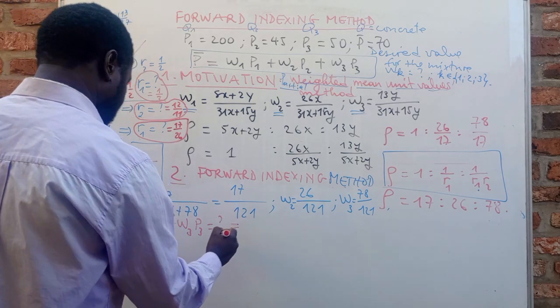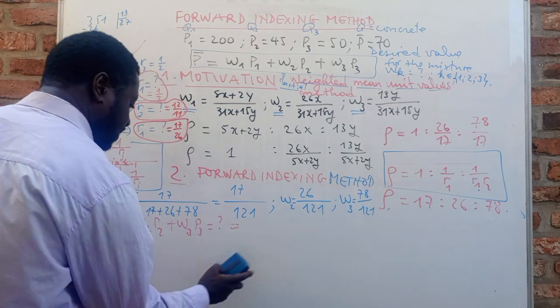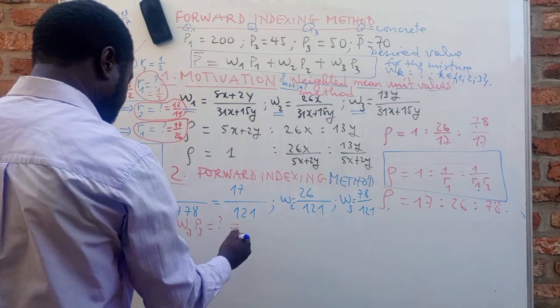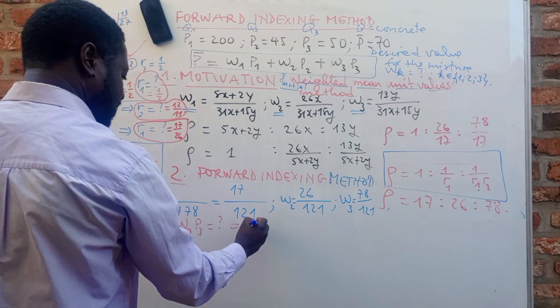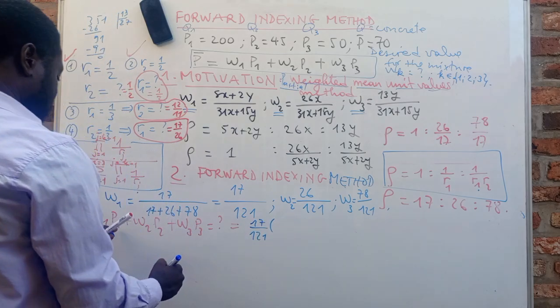So this is equal to omega 1. Let me use this color. Omega 1 is 17 over 121 times P1.